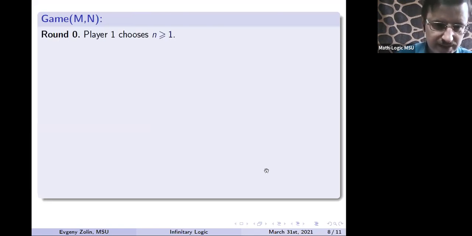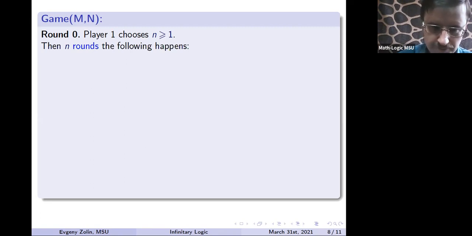At the very beginning, round 0, player 1 chooses some natural number n: 1, 2, 3, and so on, starting from 1. And after this, the players will play n rounds of the game. At every round, the following happens.